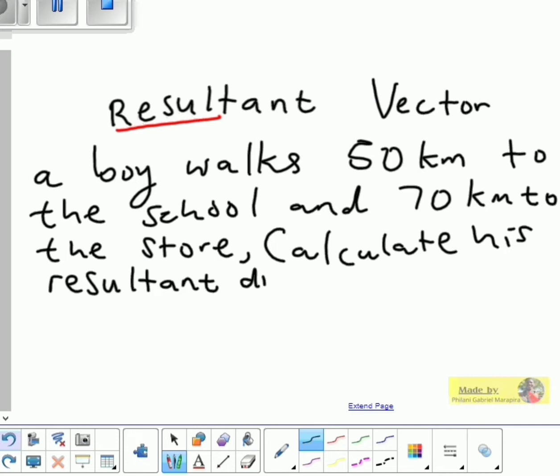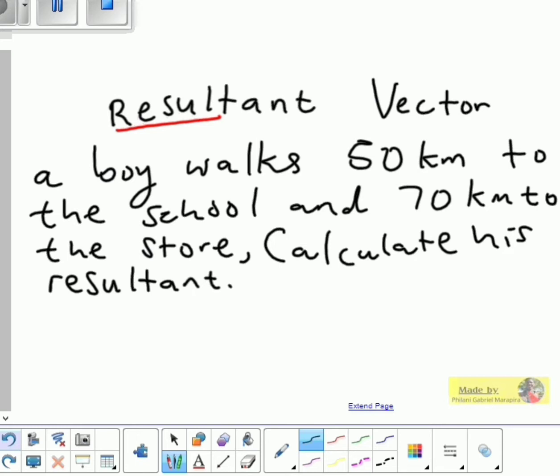So here you're given a statement that involves two vectors. It says a boy walks 50 kilometers to the school and then 70 kilometers to the store.